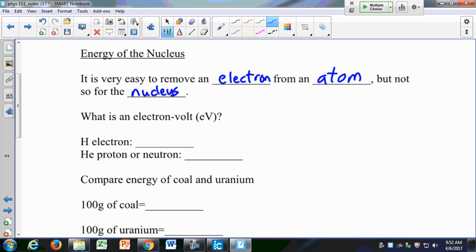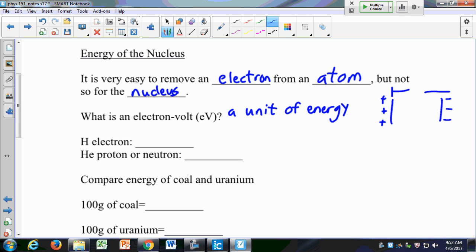All right. First of all, I want to define the electron volt because we'll be talking about electron volts. Electron volt is just a unit of energy. It's really defined as if I have a potential difference, and we talked about our positive and negative plates like this.